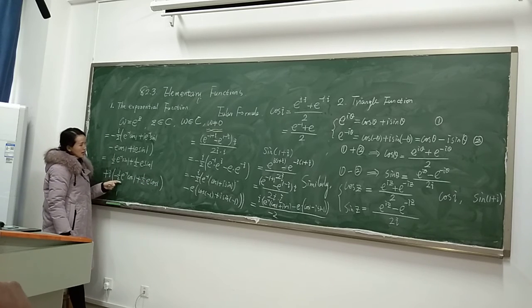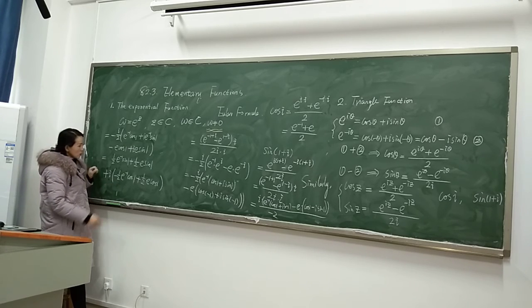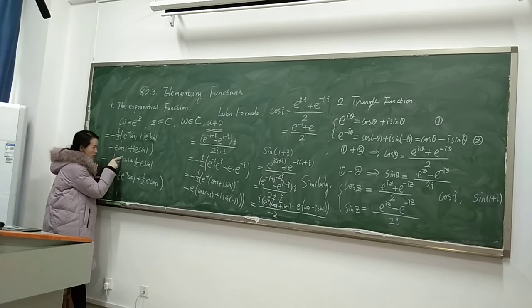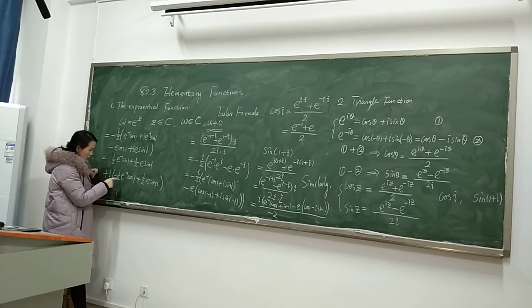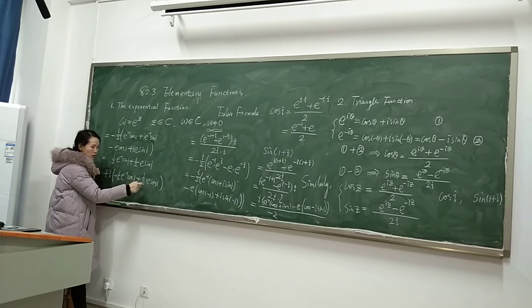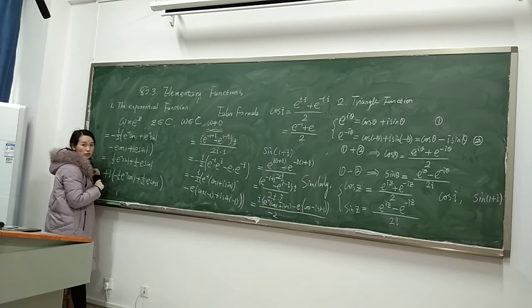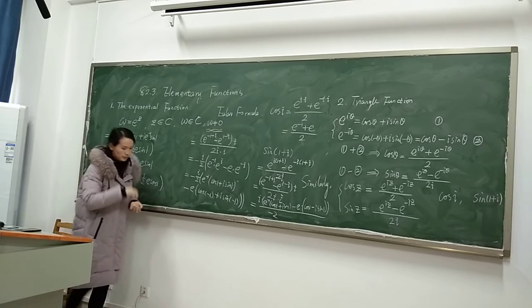So this is the last answer. Because here is e negative 1 and here is e, so these two can't be combined. Here is also e and here is also e negative 1, so these two can't be combined. So this is the last answer.